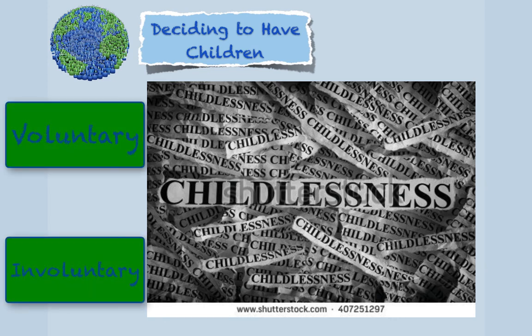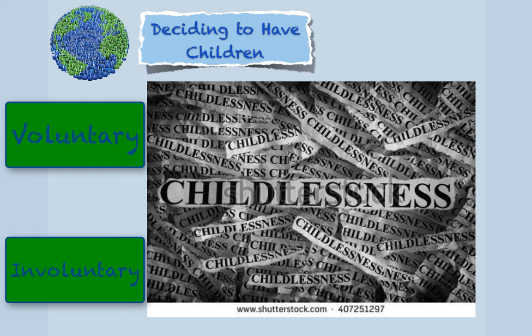Voluntary childlessness is couples who decide not to have children before they marry. They may even choose not to have children throughout their marriage. Voluntary childlessness can be a result of having other competing goals, choices and desires. It also can include delaying childbearing for some period of time. I've gone to school, I've started a career, I may not be prepared to have children until later in my life, and that has started to happen more frequently.